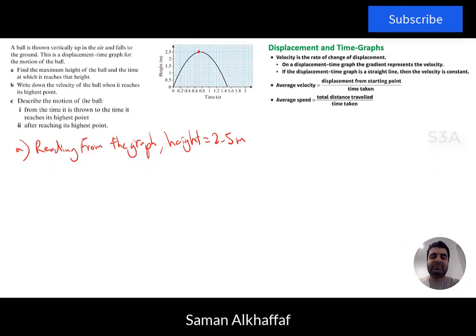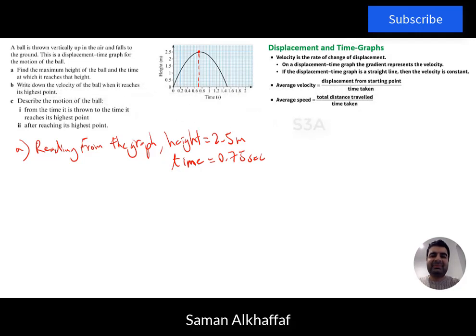So this is the point here, and we can also see the time taken to get there. So we draw a line across to the time axis. So we say time will equal approximately 0.75 seconds. So this will be our answer for part A.